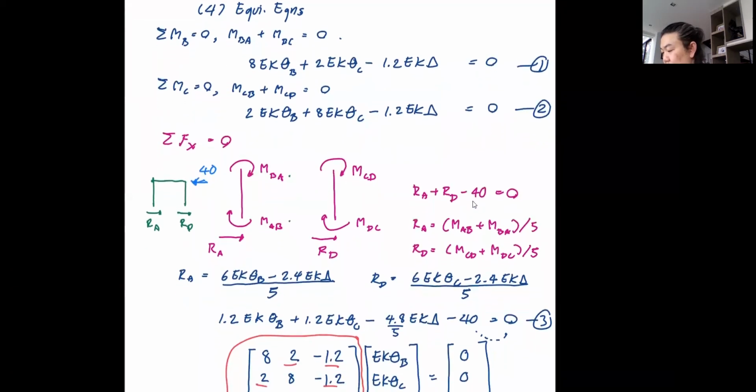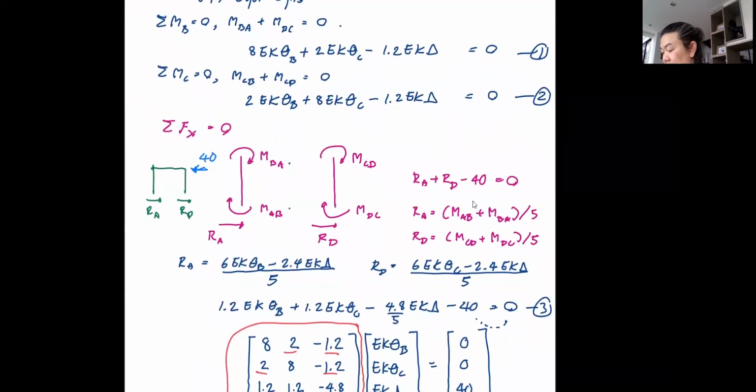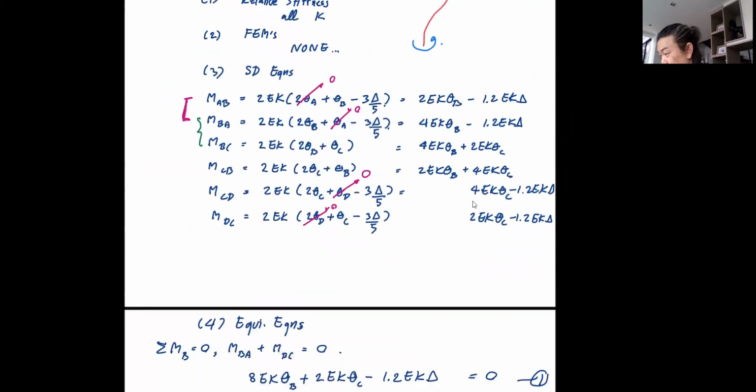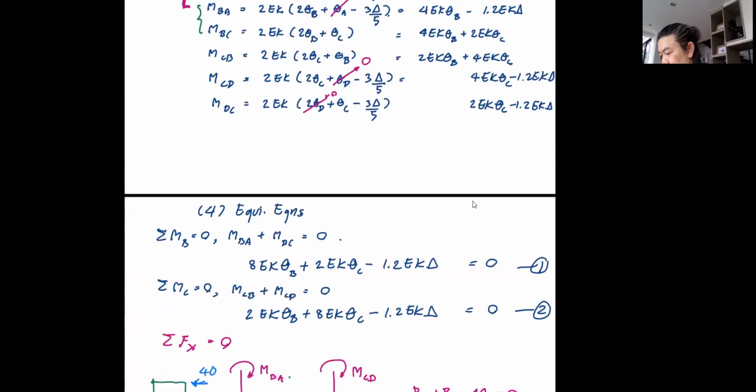So RA and RD will be based on the clockwise positive direction. That means I can go ahead and write my RA and RD based on this free body diagram. Okay, and that is MAB plus MBA. If you cannot recall, just go back there. AB plus BA is going to be just 6 here and then 2.4, right?